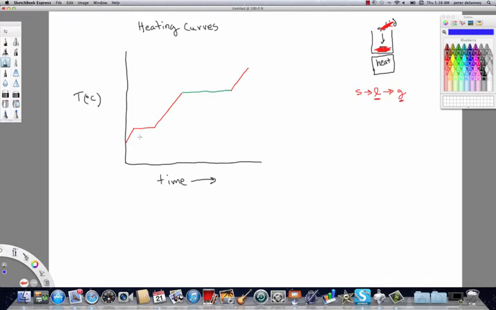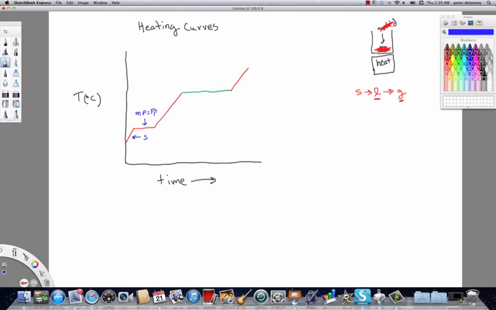In this section of the graph here, this is where we started our experiment, and the material is solid. All right, this section here is where the solid is being converted to the liquid. So this would be what we call your melting point, which is also called freezing point. The 2 terms mean the same thing.